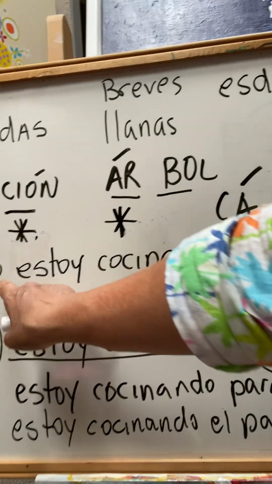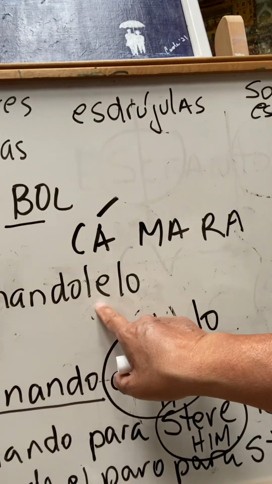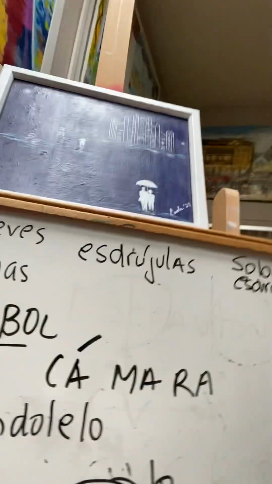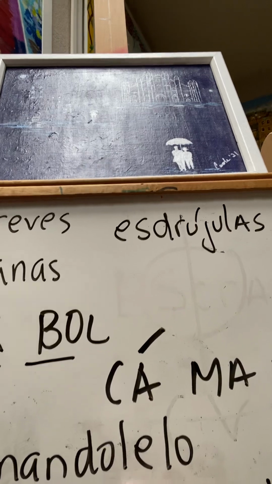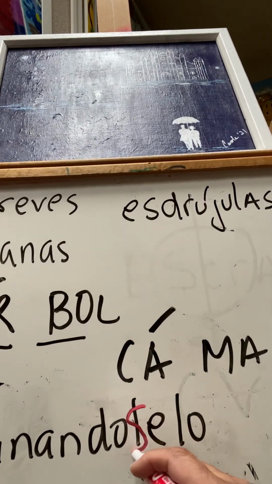So you're saying, I am cooking for him it. Unlike English, you start first with the indirect object and then the direct object. The problem is, when you have both indirect and direct that start with an L, the first one, the indirect, has to change to se.